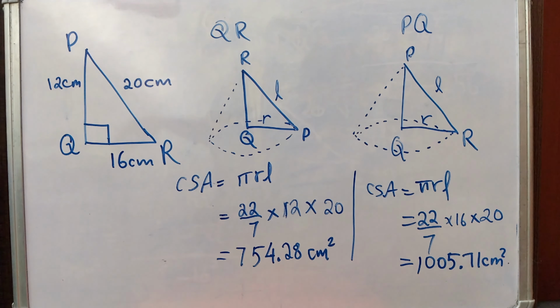So we can conclude our answer stating that the CSA of the cone when rotated about PQ is larger than the CSA of the cone when rotated about the QR axis.